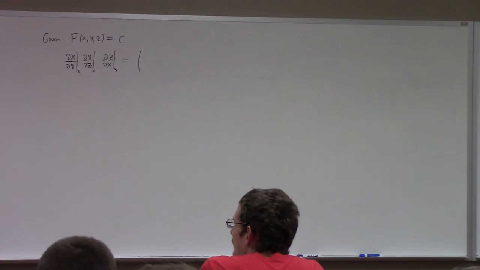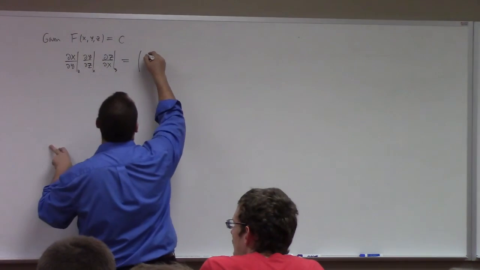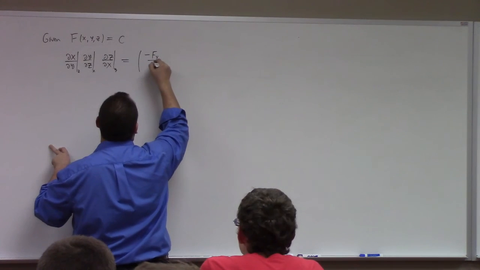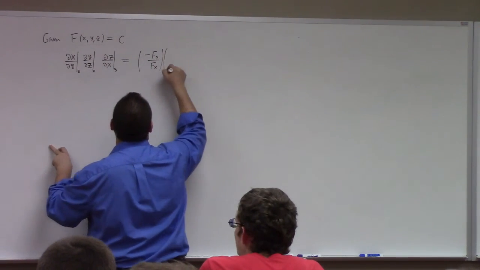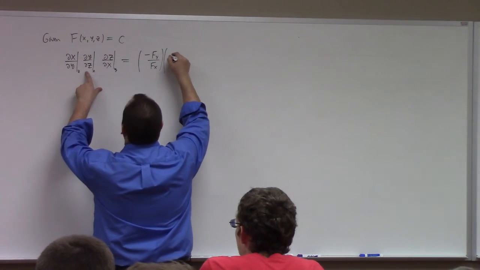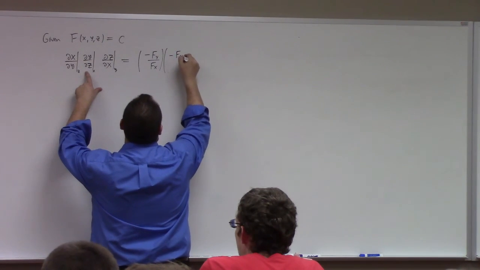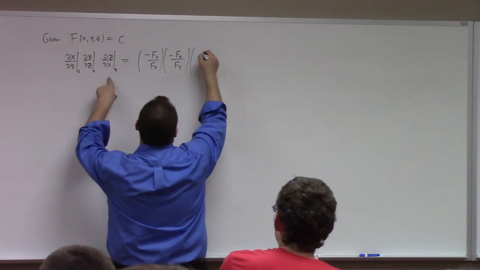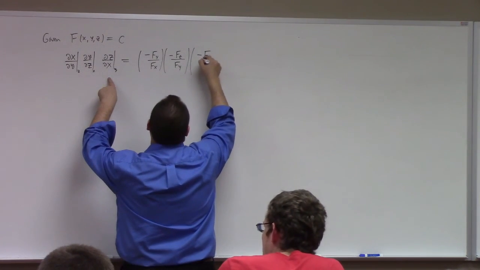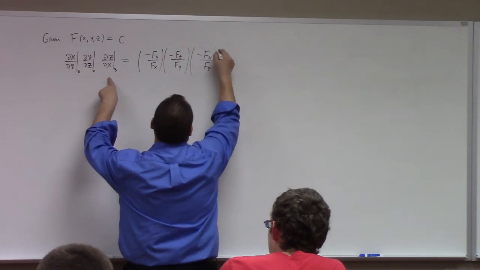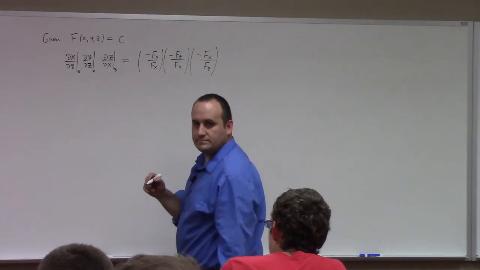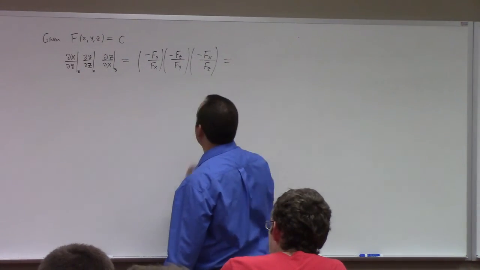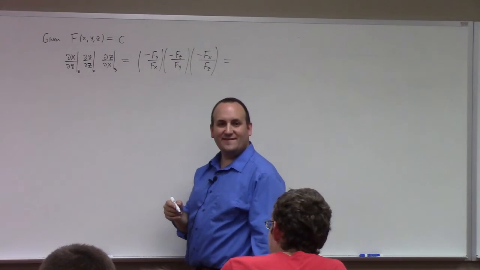Minus fy over fx. This one would be minus fz over fy. And this is minus fx over fz. Look familiar?